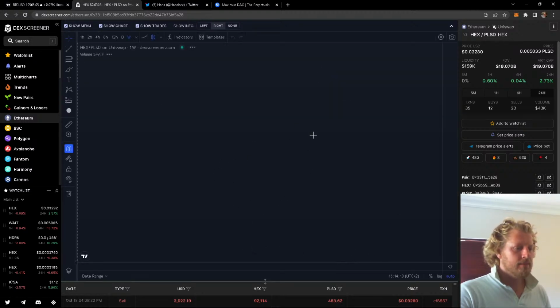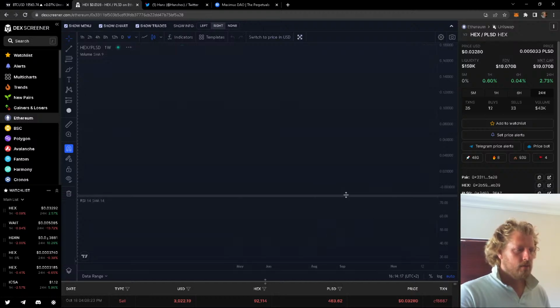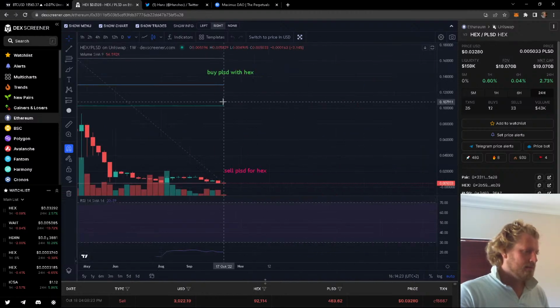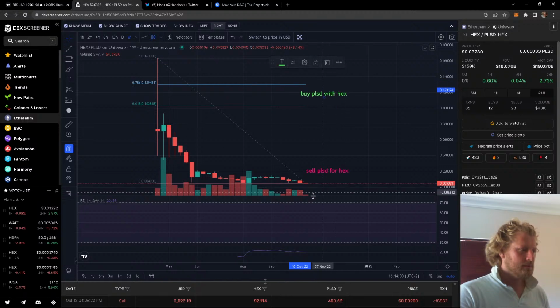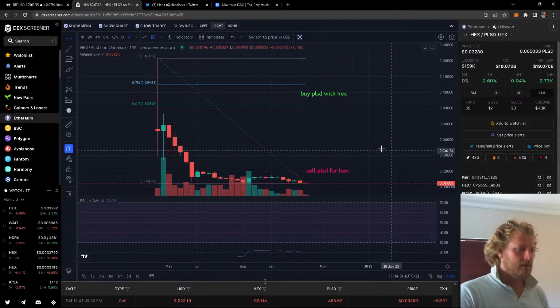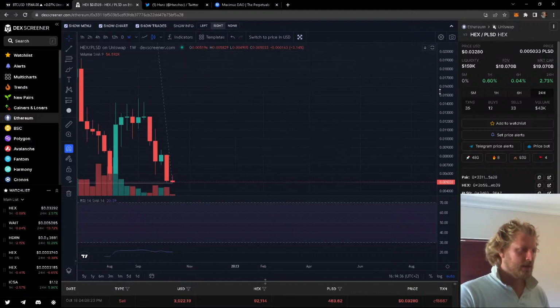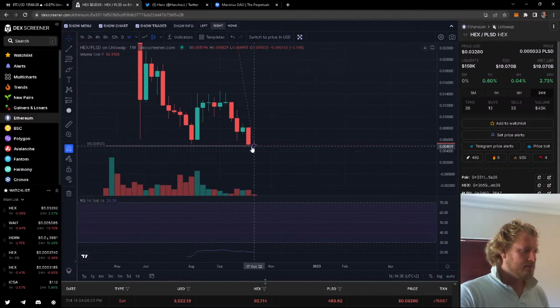Actually, PLSD made a new ratio high versus Hex. So this is where you should be selling PLSD for Hex, right? Because it's overvalued versus Hex. And how much further can it go?